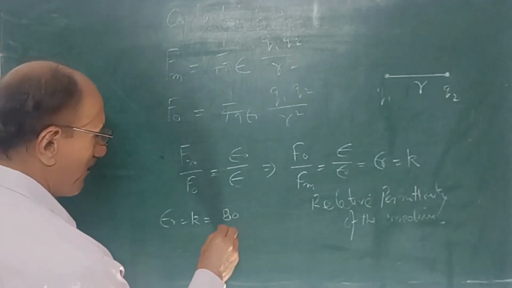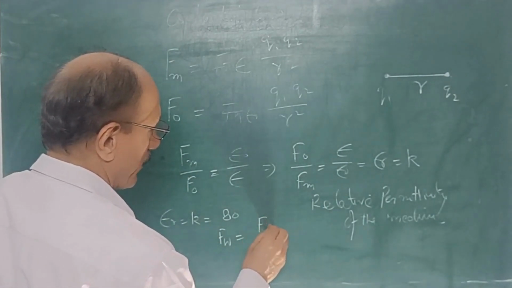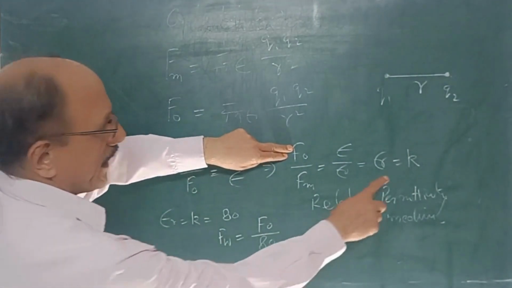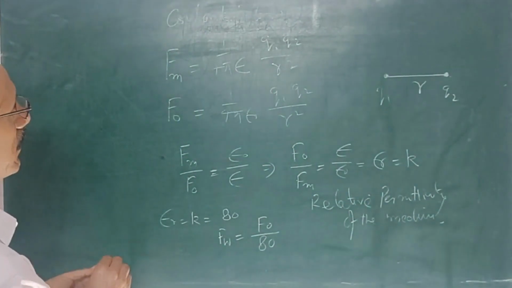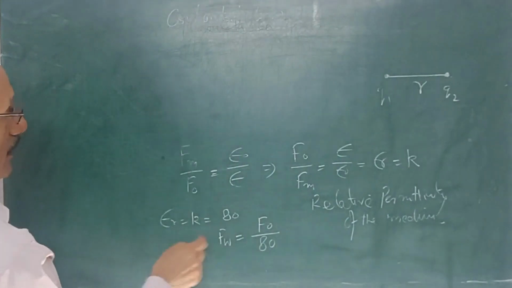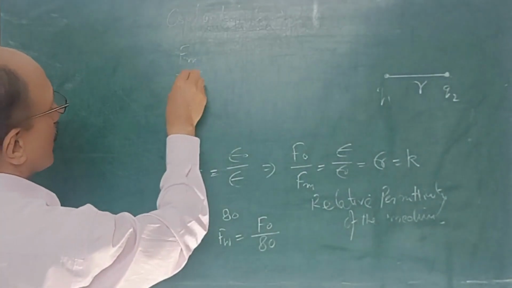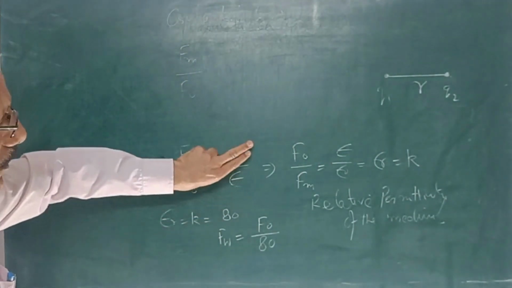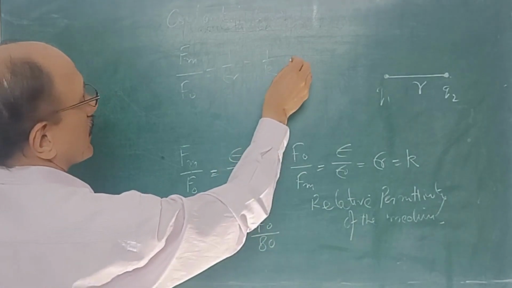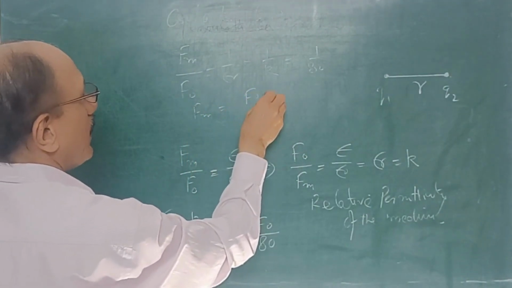So F in water equals F vacuum upon 80. F medium upon F naught is 1 upon epsilon r, that means 1 upon K. So this is 80, and F medium will be equal to F naught by 80.